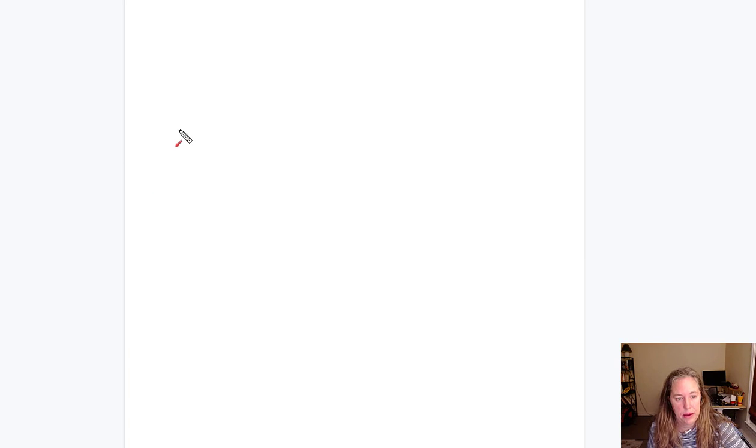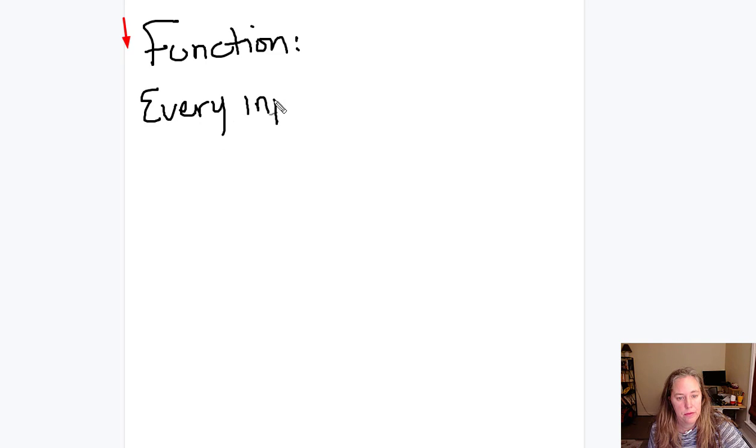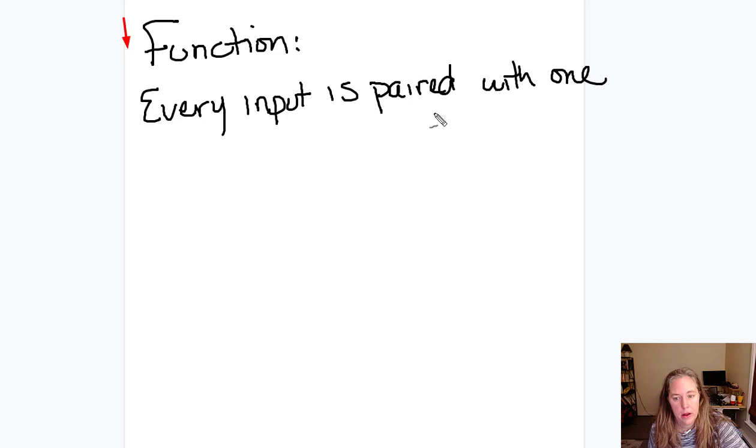So, in a mapping, did I show the mapping? I think I did. Okay. So to remind you, a function: every input is paired with one output.